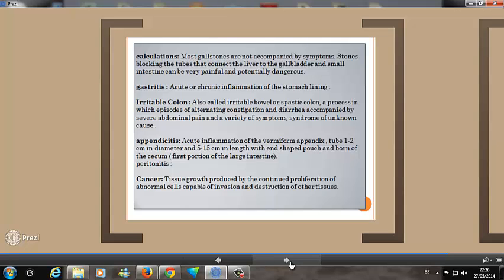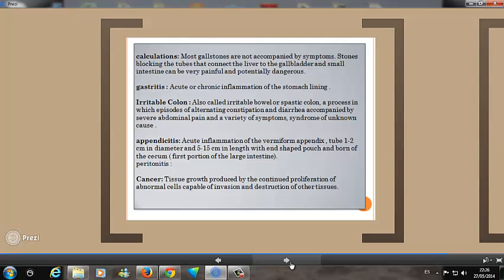Irritable colon, also called irritable bowel or spastic colon, a process in which episodes of alternating constipation and diarrhea are accompanied by severe abdominal pain and a variety of symptoms. Syndrome of unknown cause.